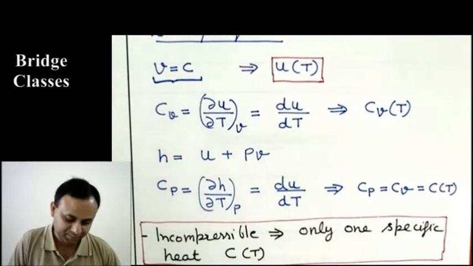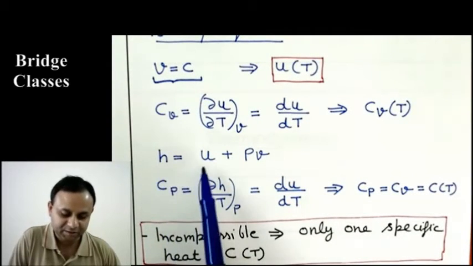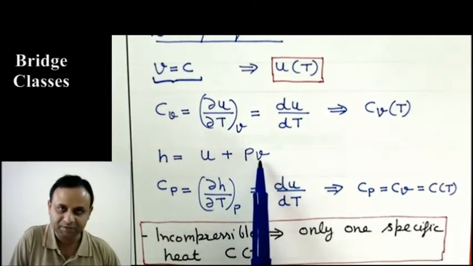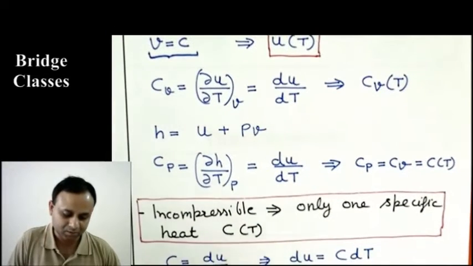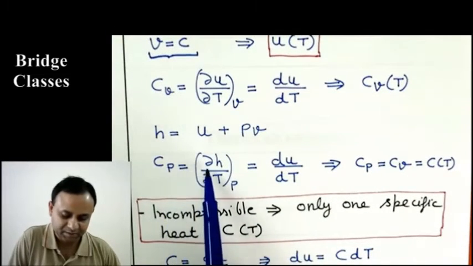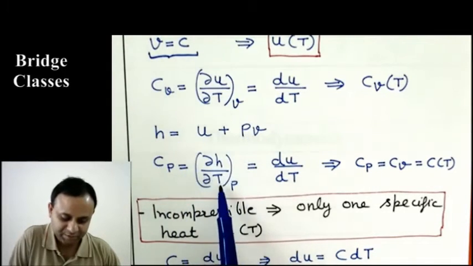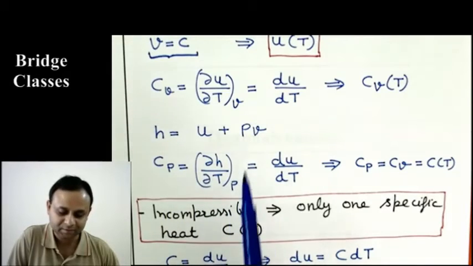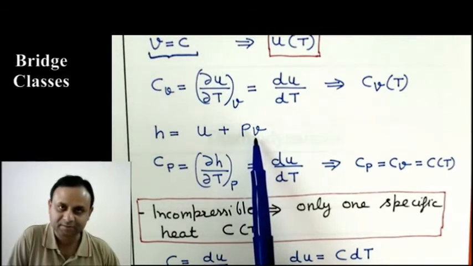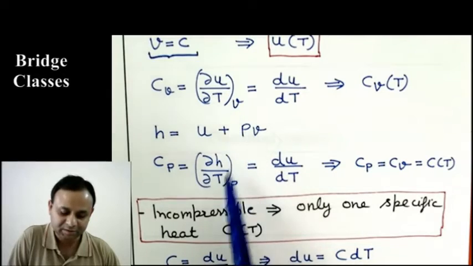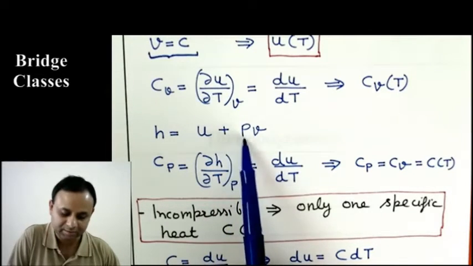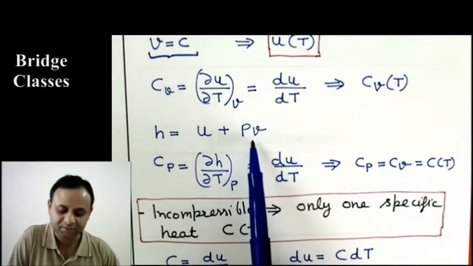Now look at enthalpy. Enthalpy by definition is U plus PV. The definition of Cp is ∂H/∂T at constant pressure. If we differentiate this with respect to temperature at constant pressure, you see V is constant, incompressible substance, and we are keeping P also constant. So this term is constant, its derivative will be 0.